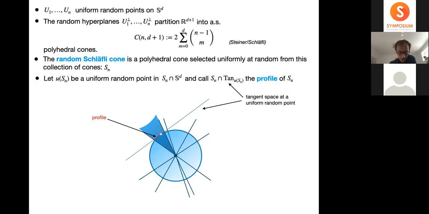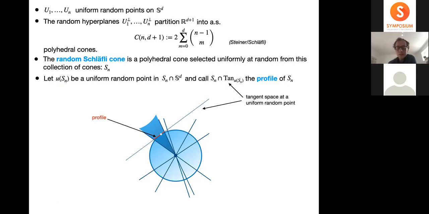Formally, you have this spherical polytope, the cone intersected with the sphere. You pick this uniform random point, that's the white point, and then you intersect the random cone with this random tangent space. This is the red thing here, and this is what we call the profile of this cone. In a sense, you can say it describes the shape of the cone.